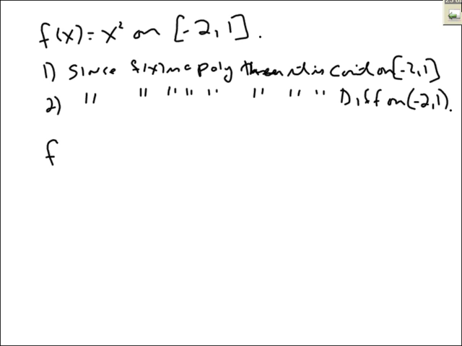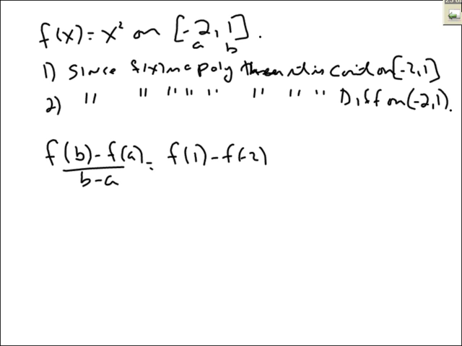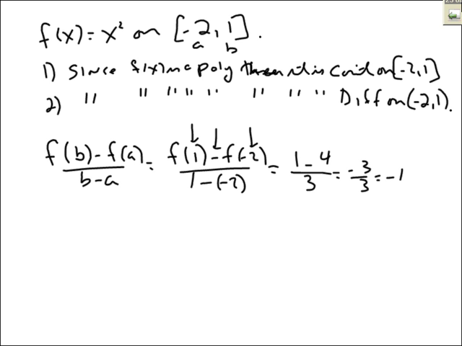We need to do f of b minus f of a, over b minus a. Remember, the interval is a, b. We need to do f of 1 minus f of -2, over 1 minus -2. F of 1: just square what's in the bracket, you get 1, minus f of -2, we square it, 4. The bottom is 3. So you get -3 over 3, which is -1.